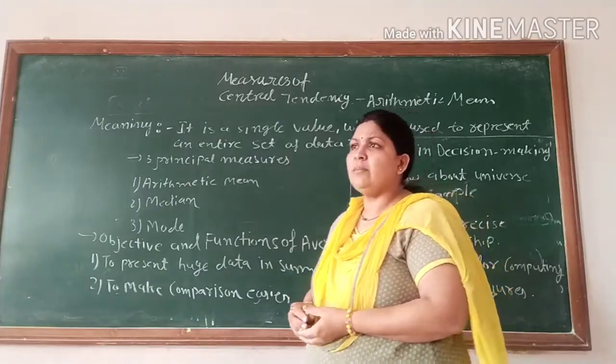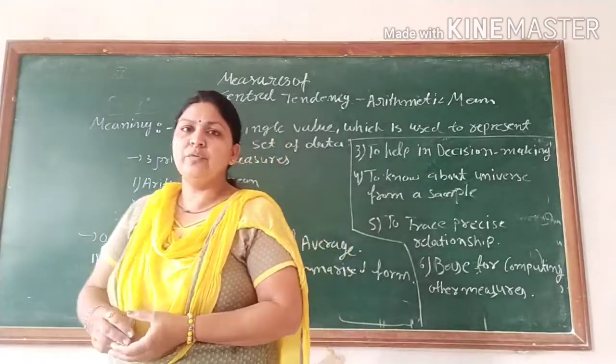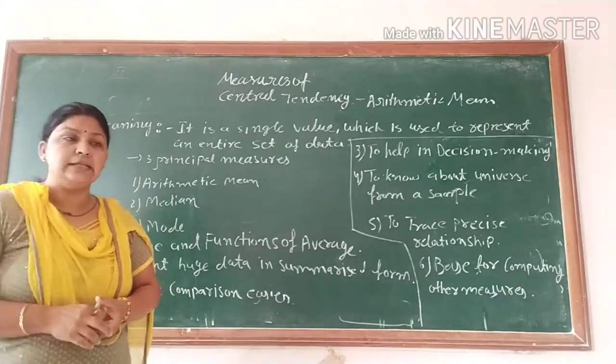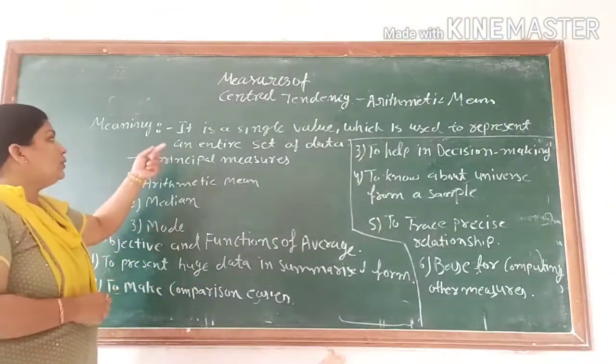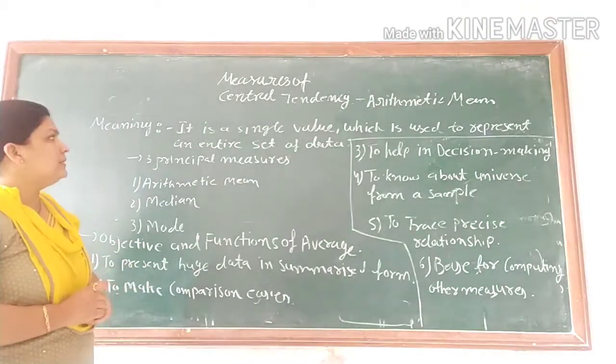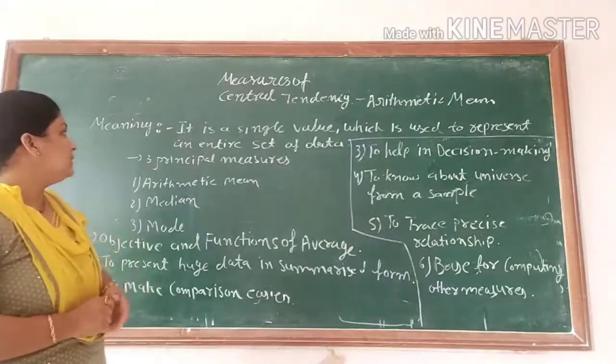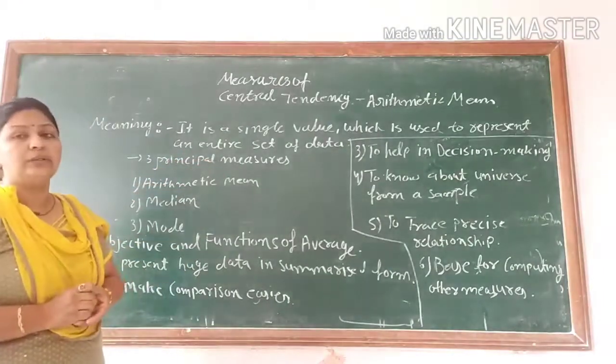Now, when we are talking about central tendency, first keep in your mind what is the meaning of central tendency. Central tendency means a single value which is used to represent an entire set of data.